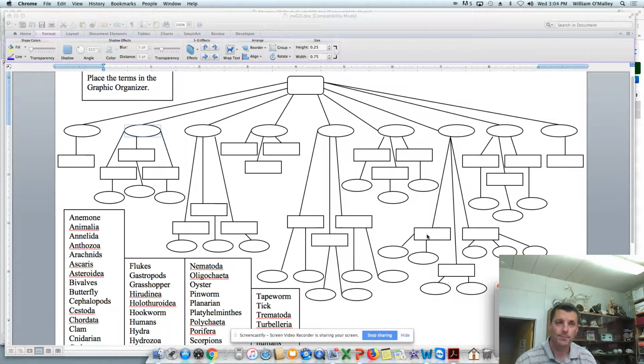Samuel? Crustaceans. There are two examples of crustaceans, and what are they? Crab and lobster. What's another one that has two examples? Trayton? The insects, and that includes butterfly and grasshopper.